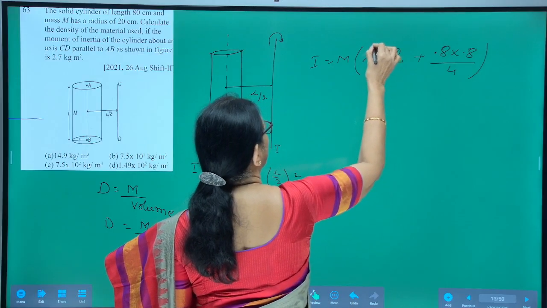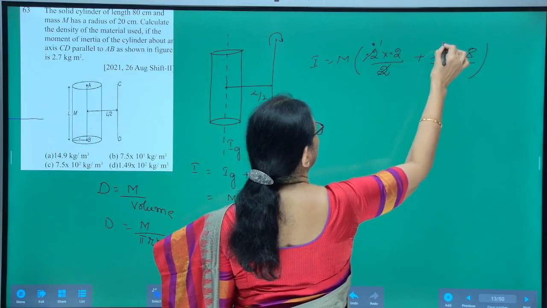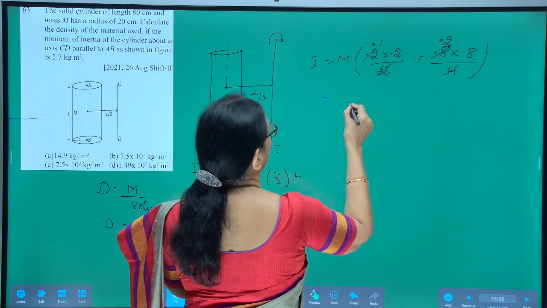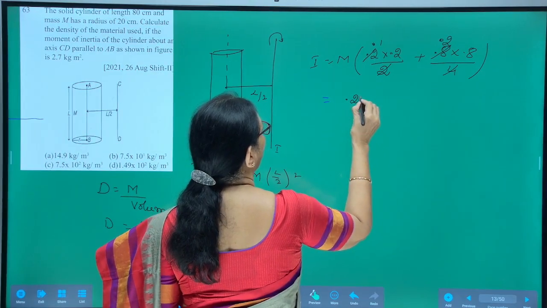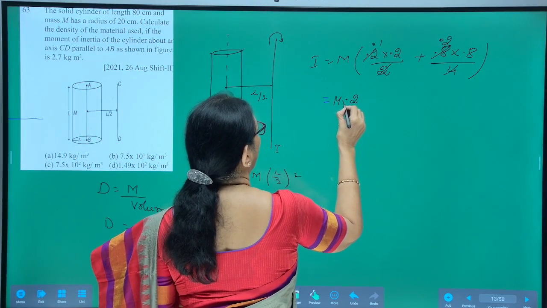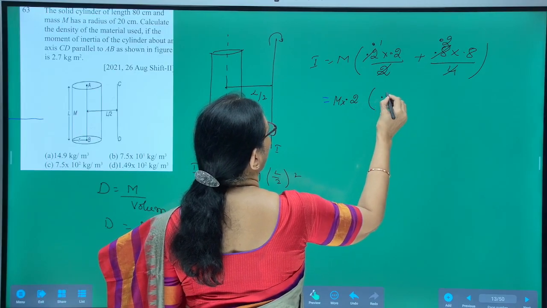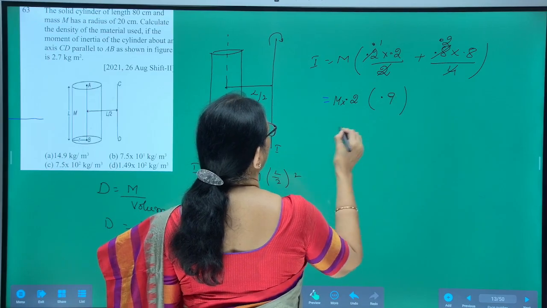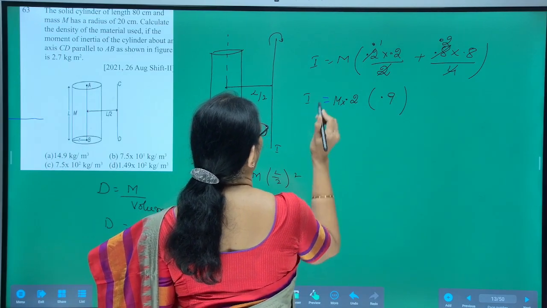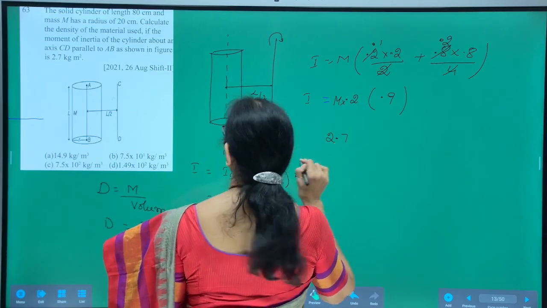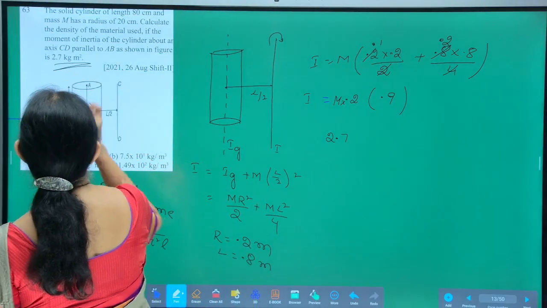So this gets cancelled 0.1 times, this gets cancelled 0.2 times. So here if you take that 0.2 as a common factor outside, m into 0.2 into 0.1 plus 0.8 is 0.9. So that is I. So I is given as 2.7 kg meter square.